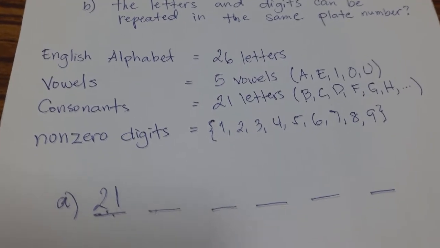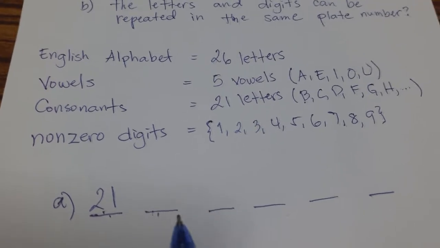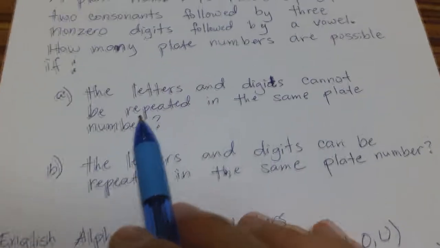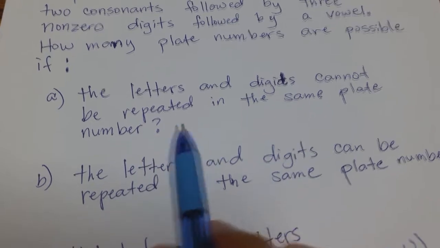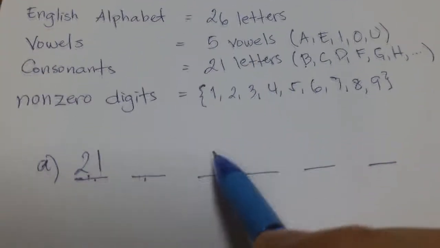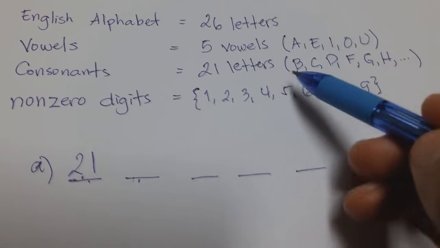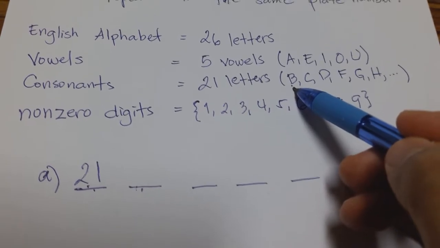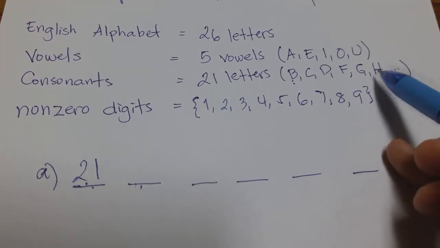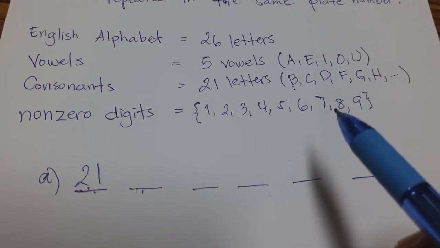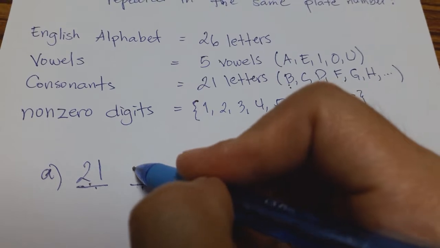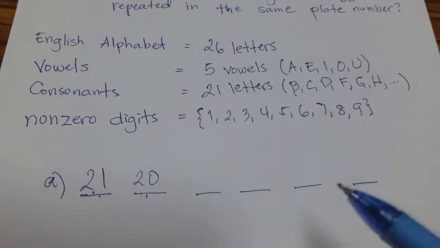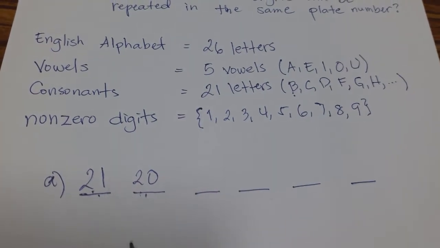For the second line, since the condition is cannot be repeated, if I use letter B for the first line, for example, how many options do I have now? 20, right? So 21 and 20.